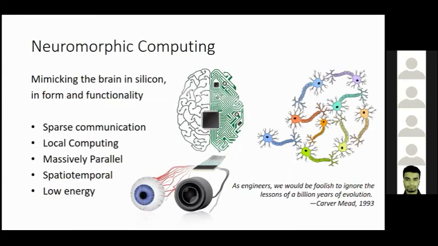That means we are looking at very sparse communication. Local computing is also important, meaning that you process inputs and outputs locally. In addition, when you learn in the system, you only use the signals that are available locally for a neuron. Massively parallel interconnected systems are where the brain gets its robustness, and you try to mimic that.